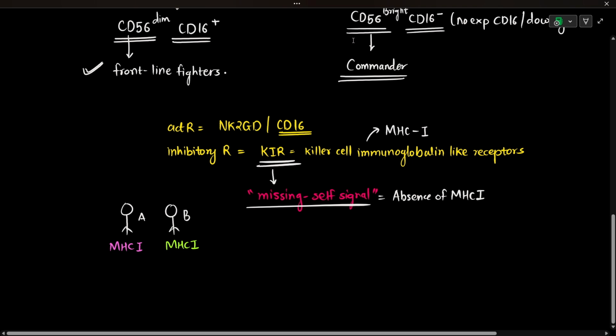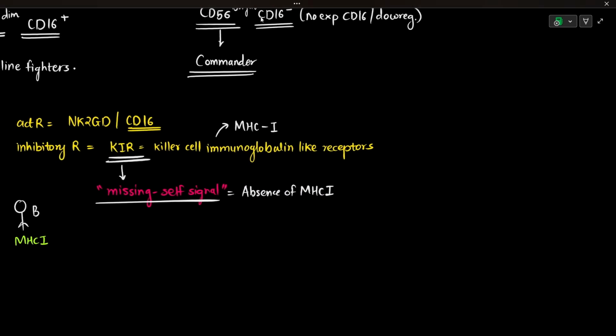Let's learn about the difference first. There are two: non-self recognition and missing self recognition. Missing self recognition is done by the natural killer cells, whereas non-self recognition simply means recognizing the antigenic particles, meaning the particles which are foreign to the body.